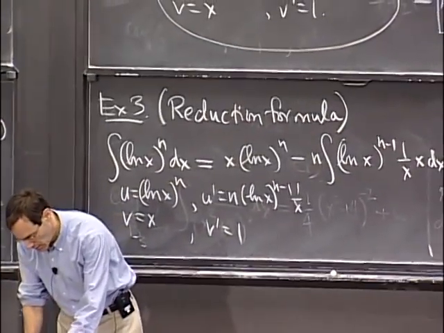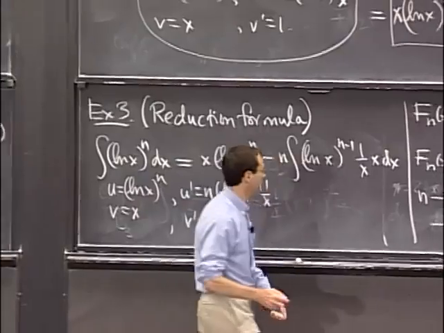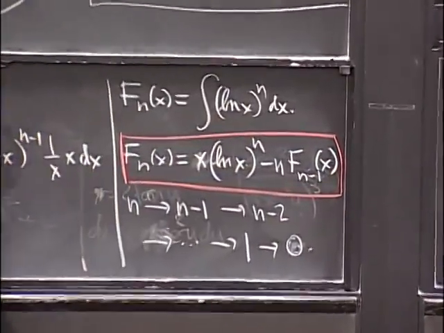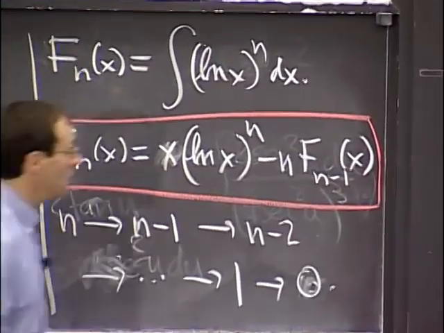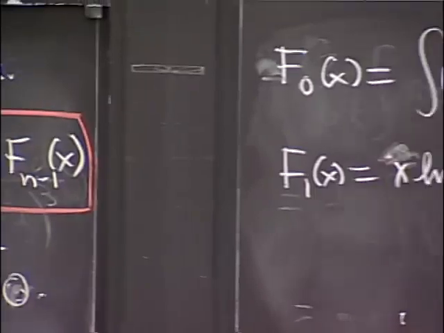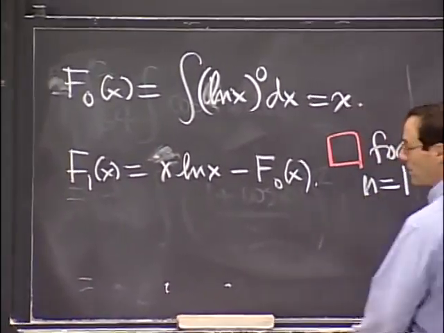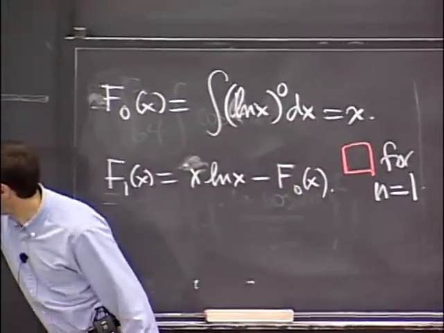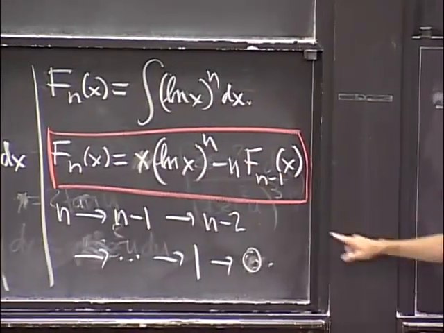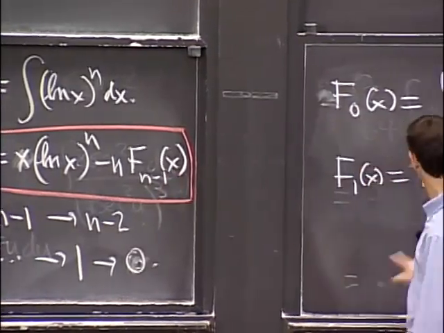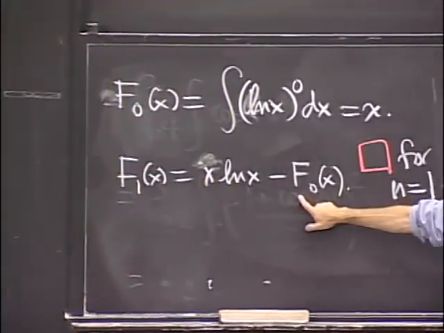So let me just put it in a box here. This is the method of induction. Here's the rule. And I'm applying it for n equals 1. I plugged in n equals 1 here. So here I have x (log x) to the 1 power minus 1 times f sub 0 of x. And that's what I put right here on the right-hand side.